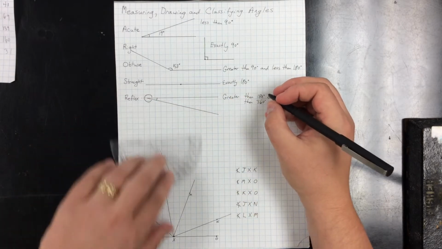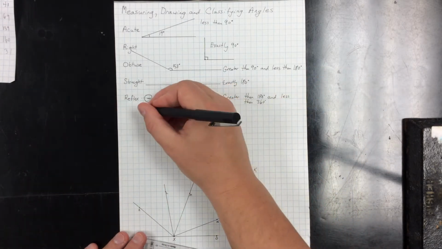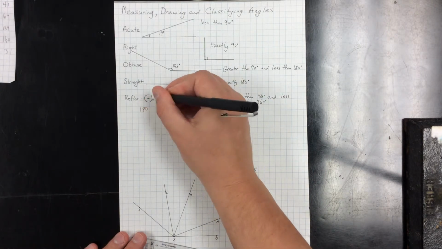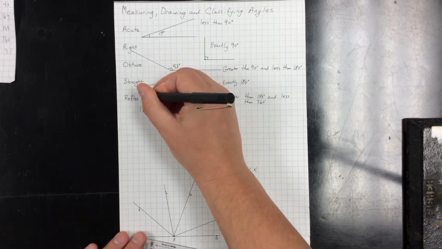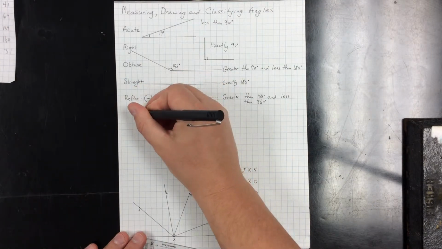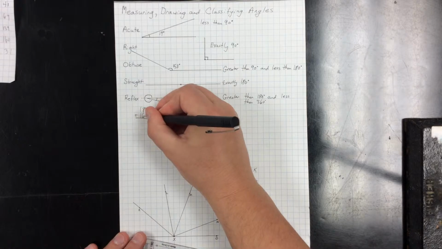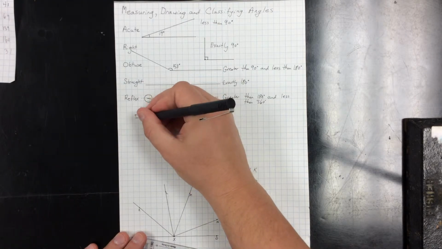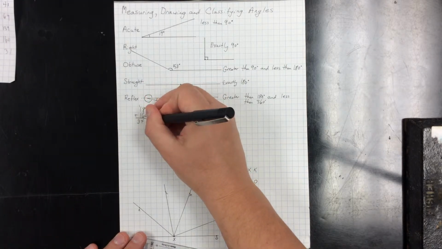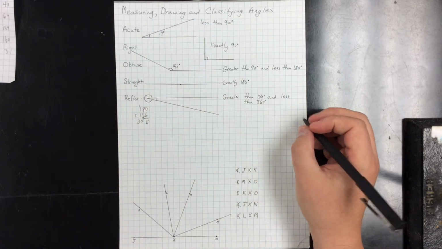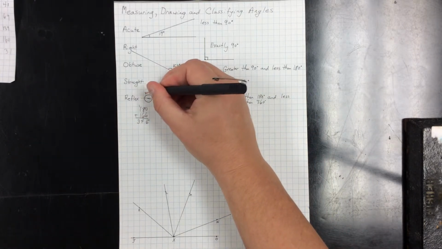Let's call it 6. So it was 180 degrees to get me to here, and from here down to here it was another 166. If I add those together, 346 degrees on this outside.